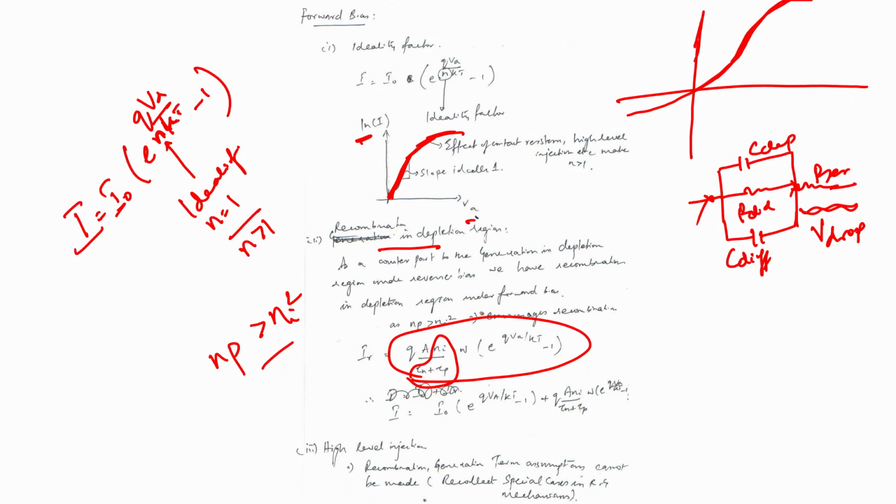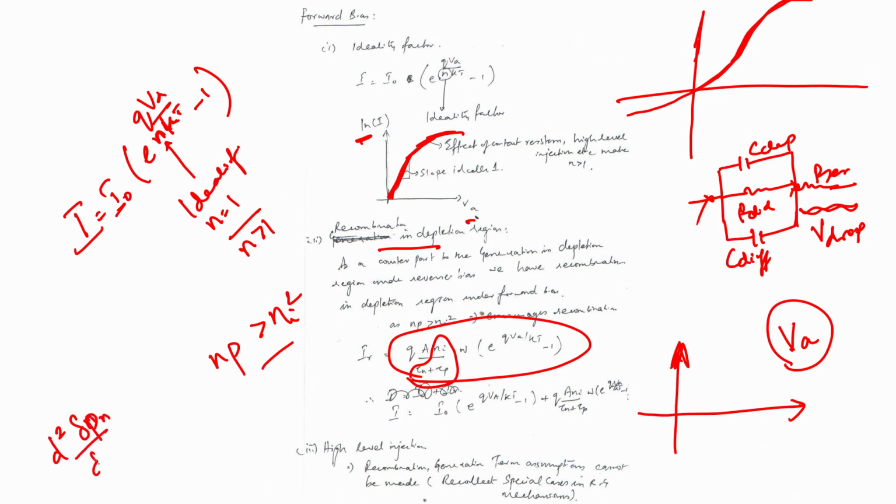And the final non-ideality, which we have not treated at all in this course, is what happens under very large forward bias. When VA is extremely large, you have a large number of carriers diffusing through, and the continuity equation we used is not sufficient to handle that. The continuity equation we used was d squared delta Pn by dx squared equals delta Pn by tau.